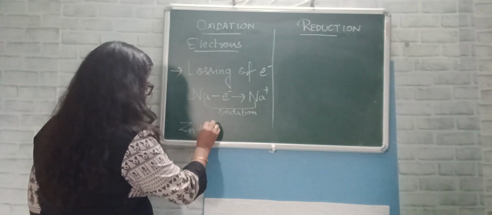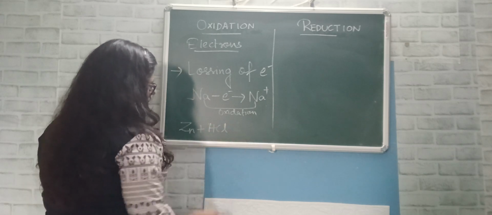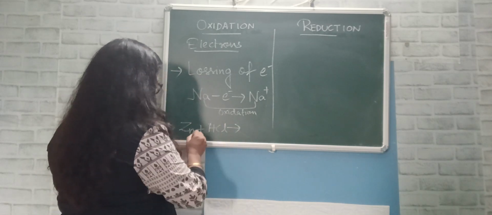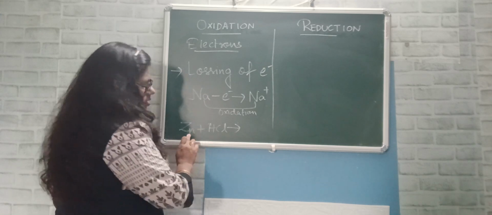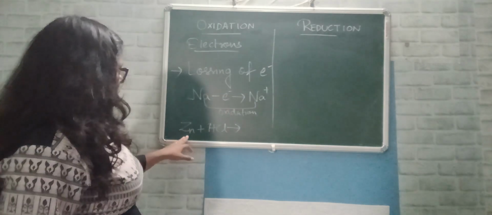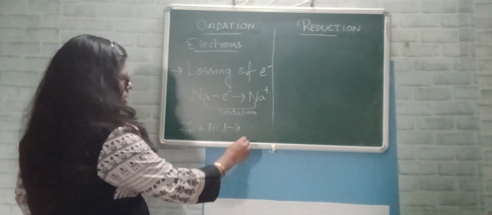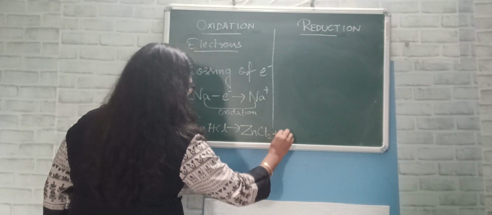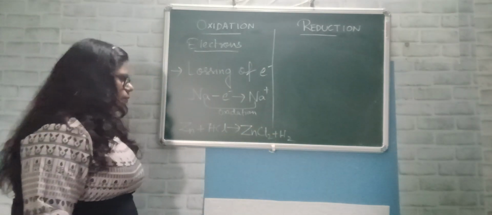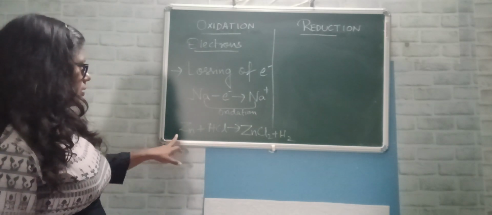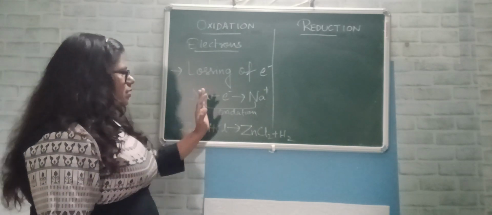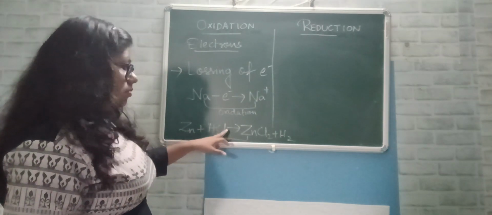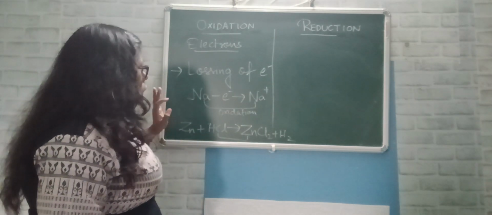Like in case of Zn plus HCl. Now see what happens. This Zn was in stable configuration or in molecular form. What we get is ZnCl2 plus H2. So what happened? Yes, you can say there is a removal of hydrogen, that's why it is oxidation.